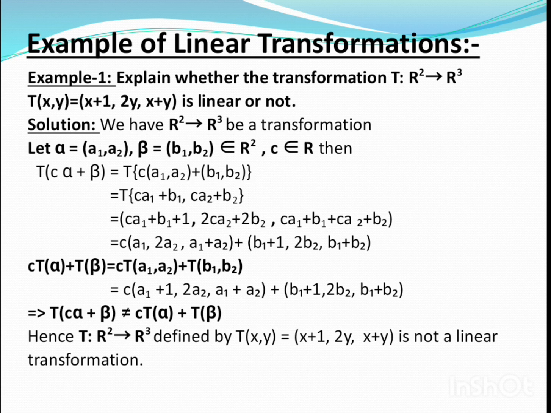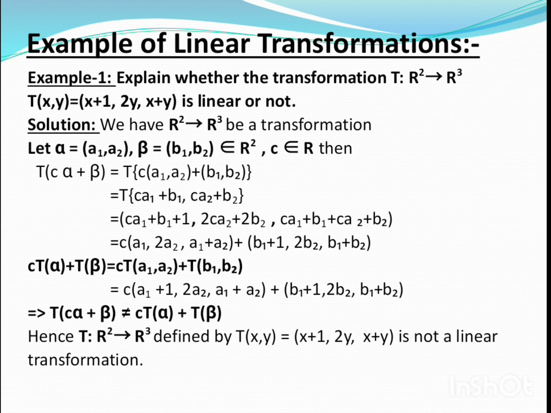Here, the formula we know is c T of alpha plus T of beta equals c T of a1 comma a2 plus T of b1 comma b2. It can be written as c times a1 plus 1, 2 a2, a1 plus a2. In the second bracket it will be b1 plus 1, 2 b2, b1 plus b2.